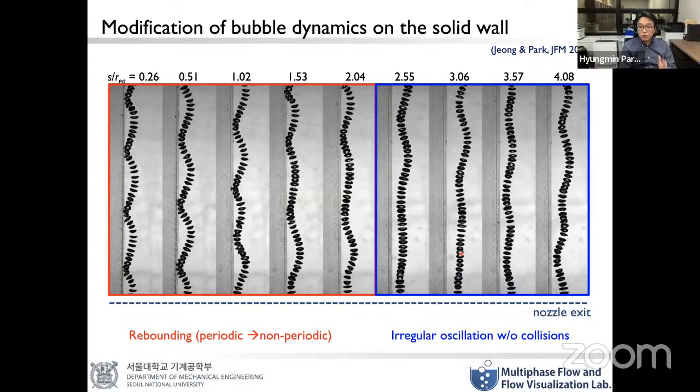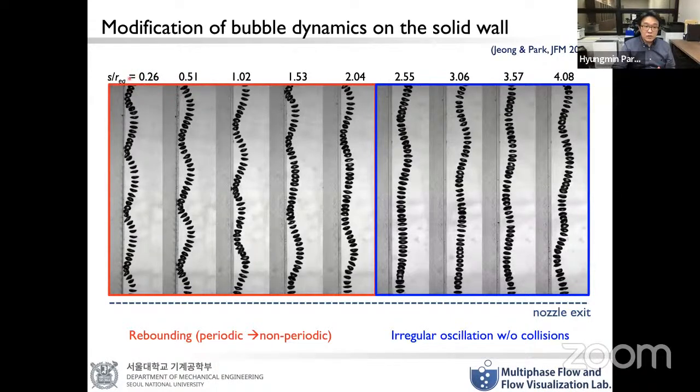But when the same bubble rises near a solid wall like this, it depends on the distance between the wall and the bubble. Here S is the distance and REQ is the equivalent radius of the bubble, and the number is their ratio.